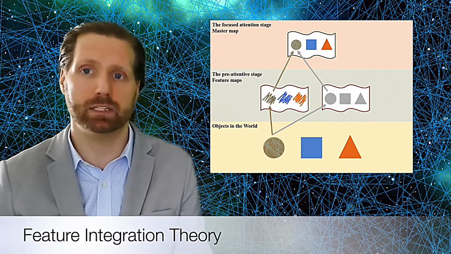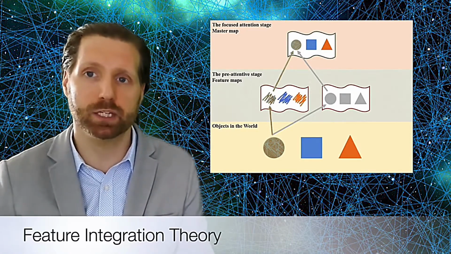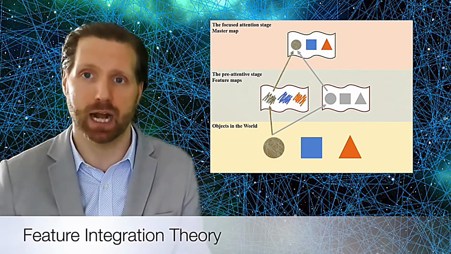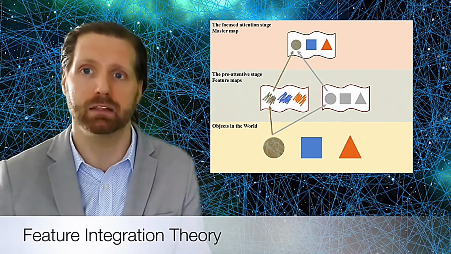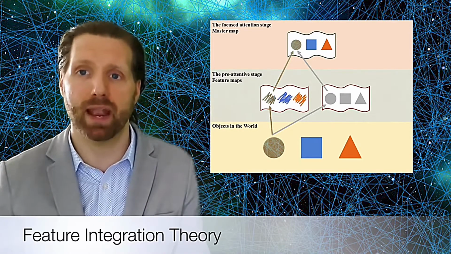This finally leads to the conscious perception of a unified object. In the situation where a conjunction error has occurred, the lack of focused attention on objects in the periphery leads to their individual components being processed but without any consistent integration. So one answer to the binding problem is focused attention. But how does attention do this neurologically?